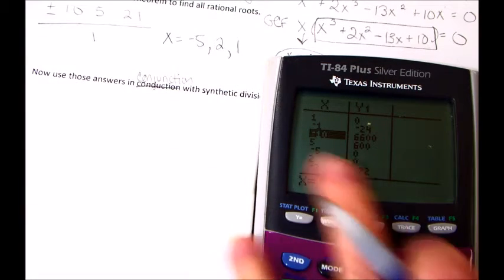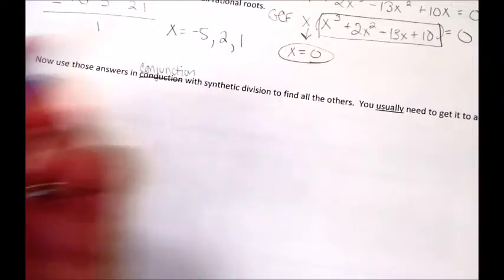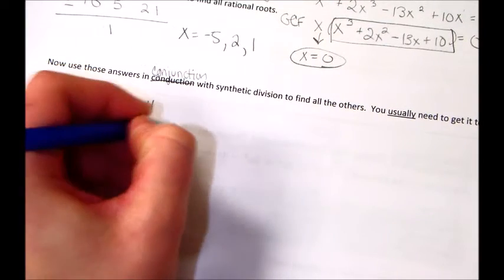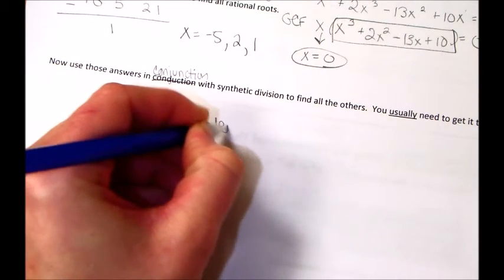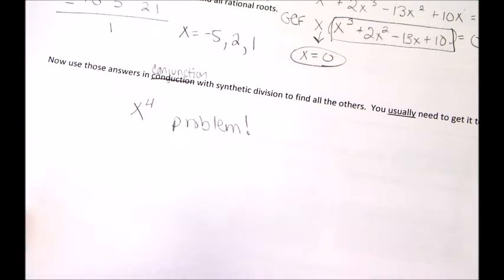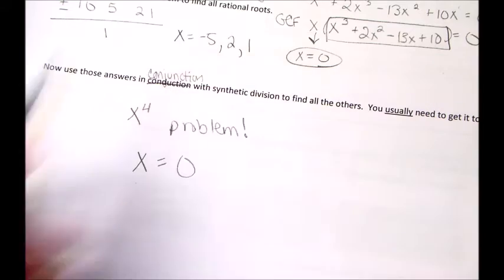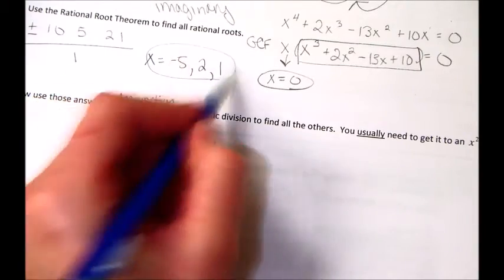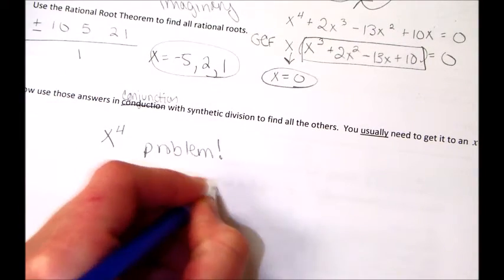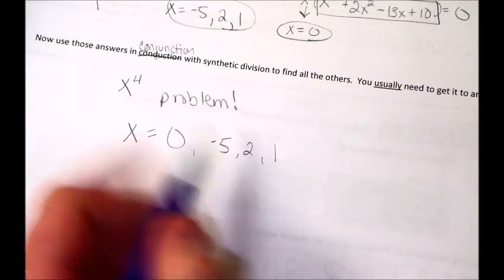Here's the great news. This was an x to the 4th problem originally, right? Well, the good news is we found out right away that x equaled 0 from our GCF, and then we found the 3 others right away, negative 5, 2, and 1. Guys, that is 4 separate answers.